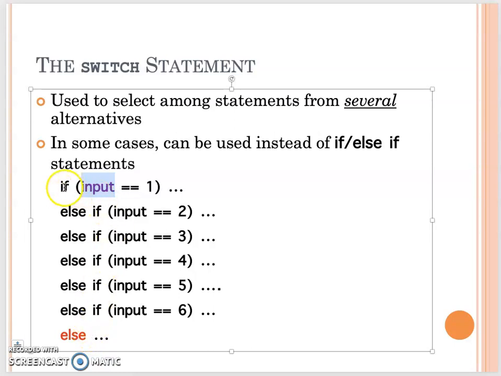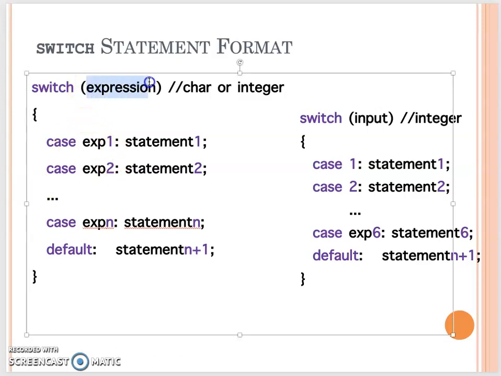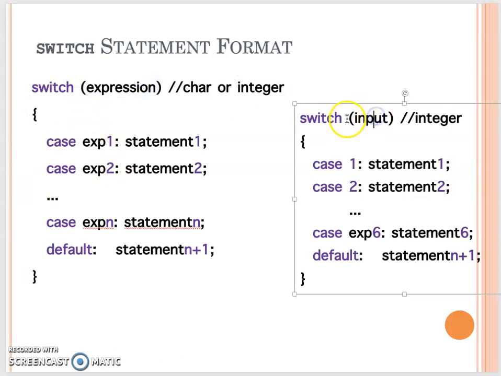When we convert this if-else-if statement into the switch, the expression is the input we showed you from the prior example. You can see here, we just provide the input variable. Then according to the value, we check with the cases.